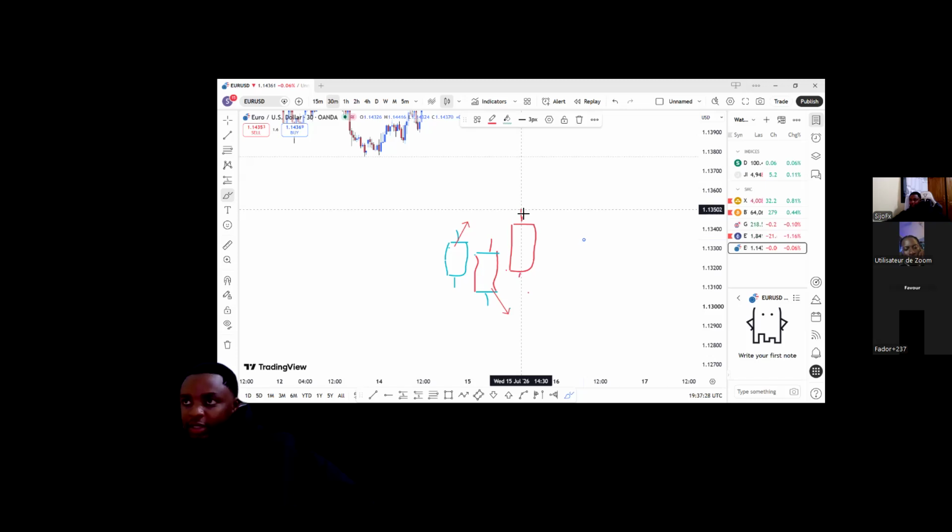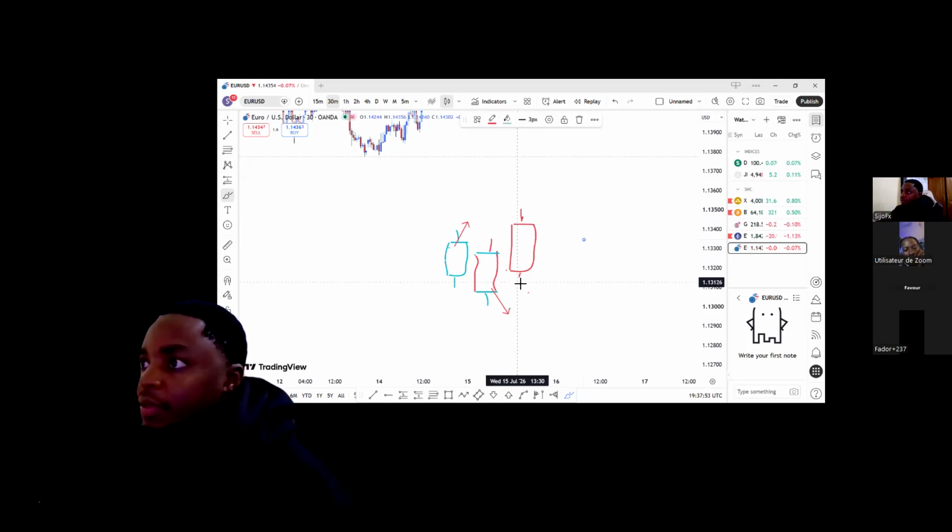The candlestick can open from here and go down like this and form another wick and finally close and give you this body. That means this is the high of the candlestick, this is the open, this is the body. This is the low of the candlestick, and this is where the candlestick is closing.